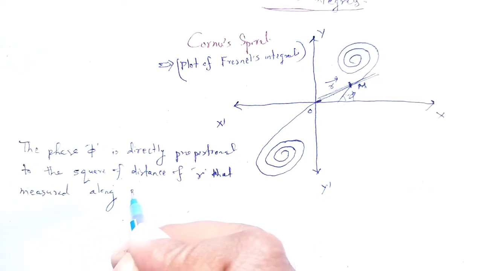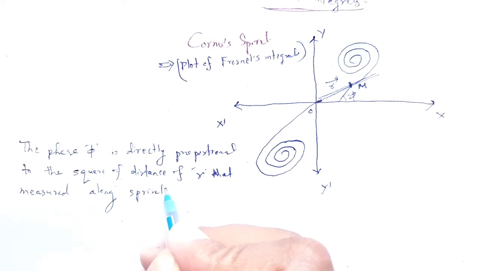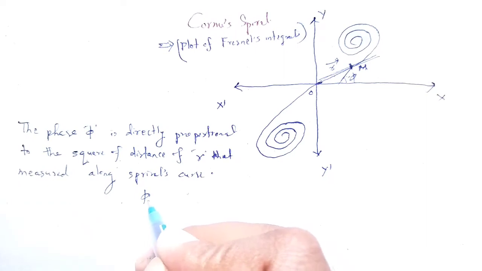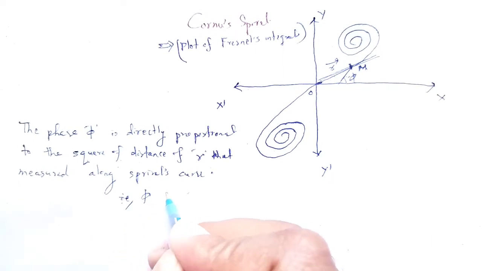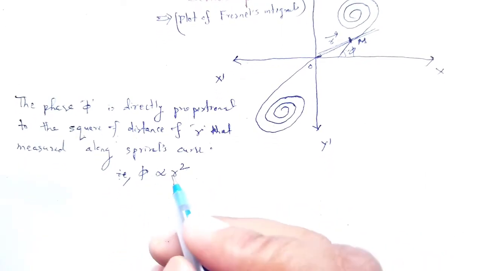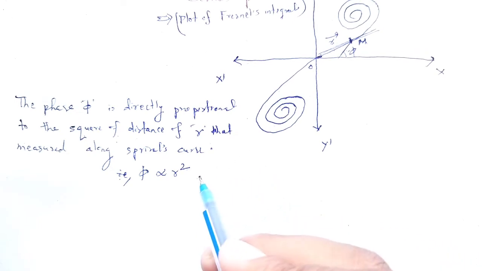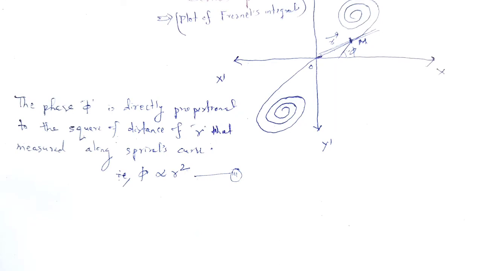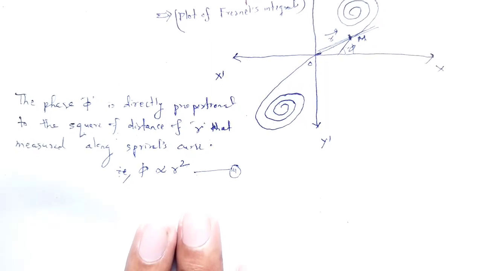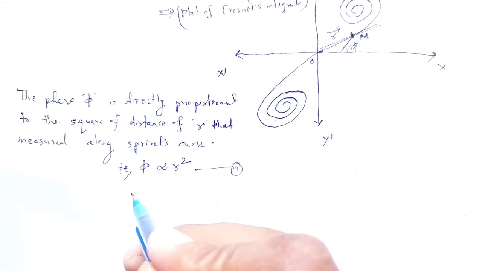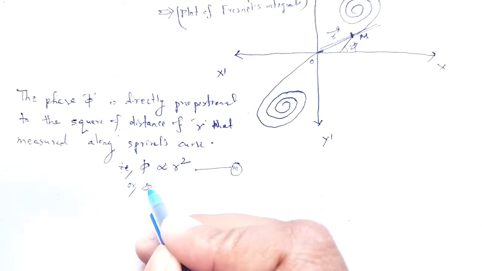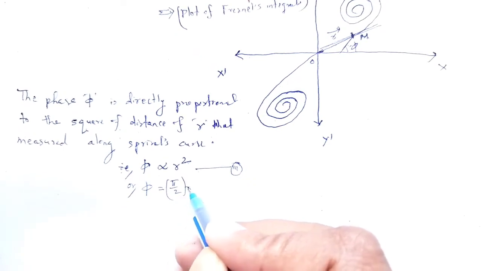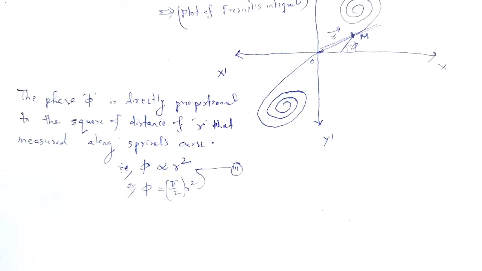That means phi is directly proportional to r square. Let this be equation number 3. Or phi is equal to, using a constant, pi by 2 r square. That is equation number 3.